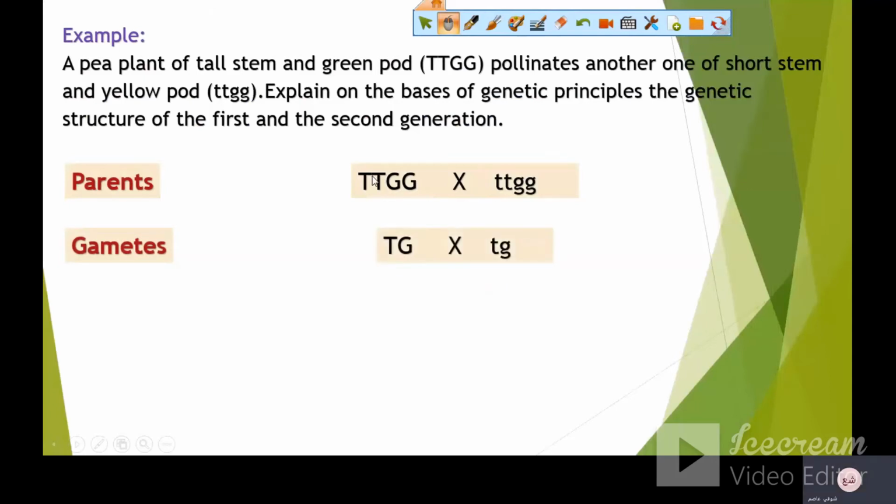The gametes are T capital, G capital, and here T small, G small. Let's get the first generation, which is F1. So it will be T capital, T small, G capital, G small.